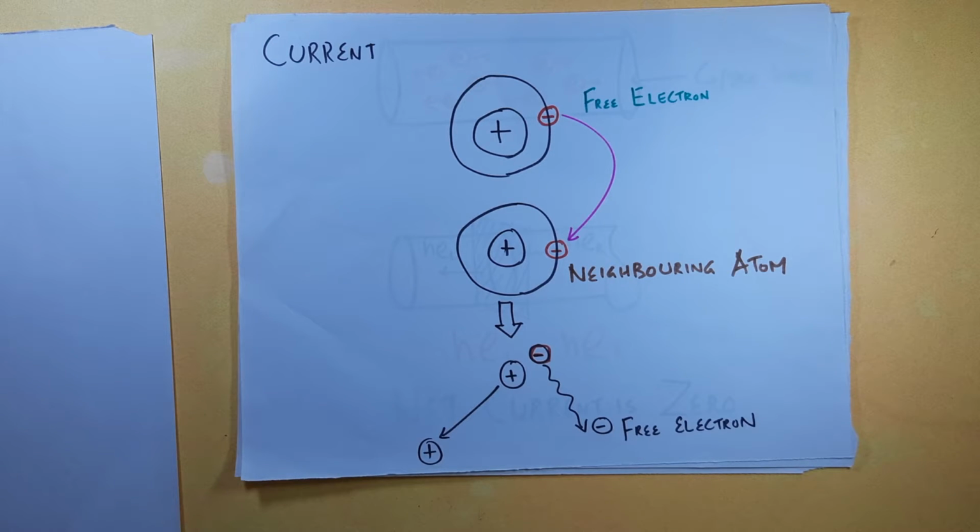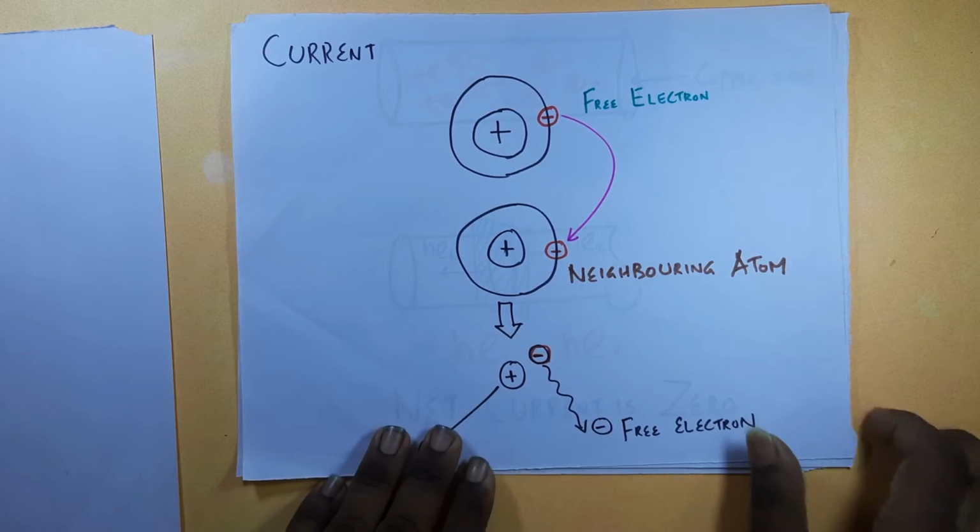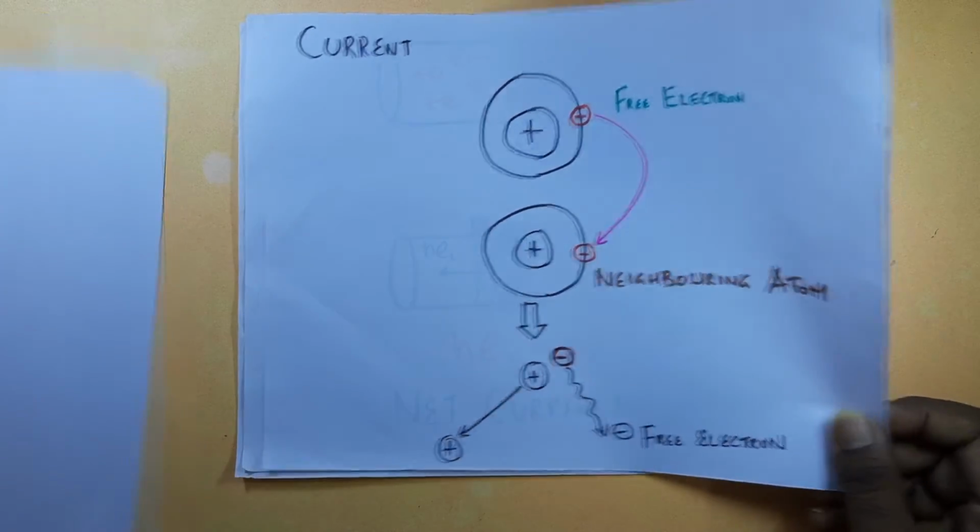So what we have is free electrons, electrons not belonging to one specific atom. These free electrons are responsible for current flow.